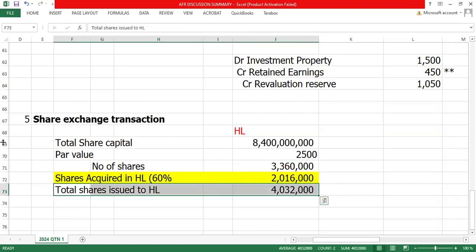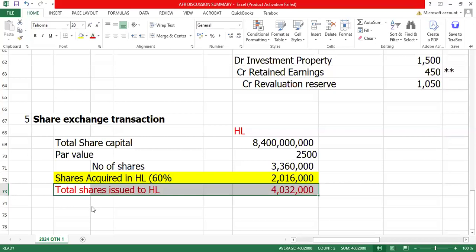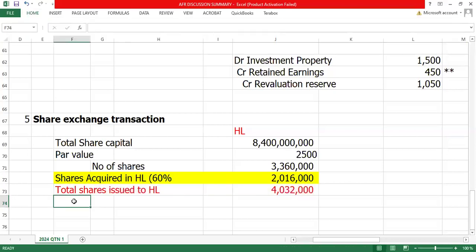Let me hope this one makes sense. Total shares issued to HL.